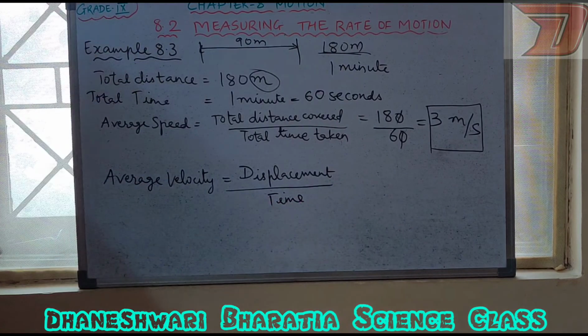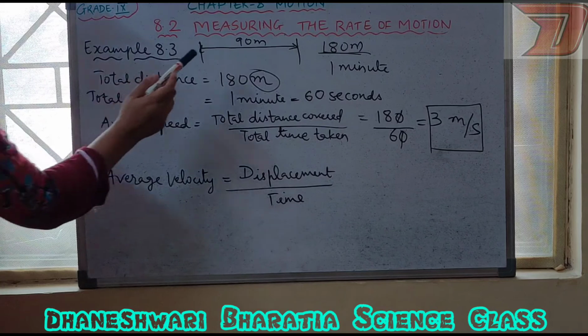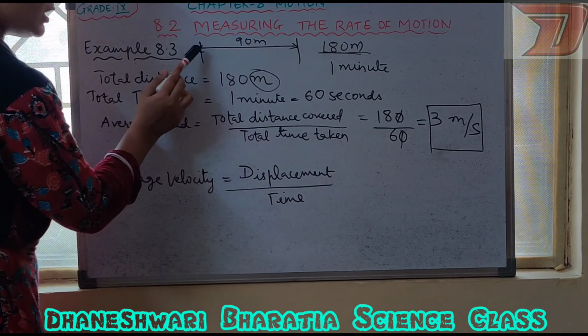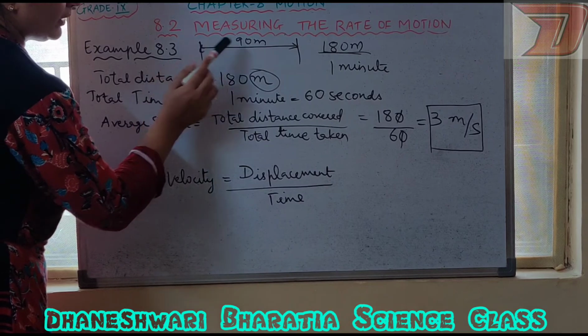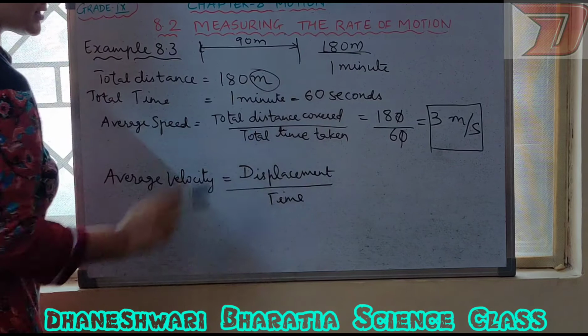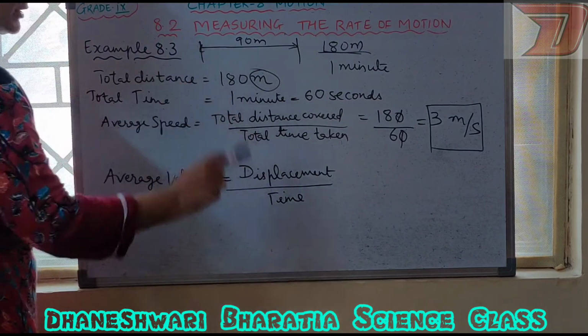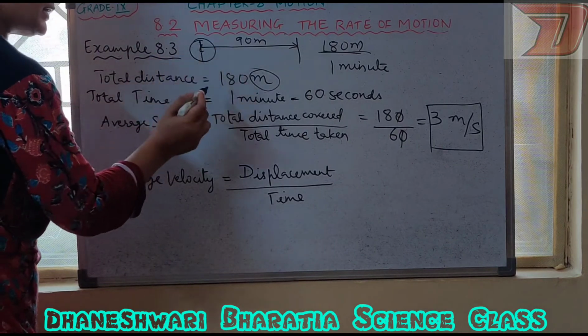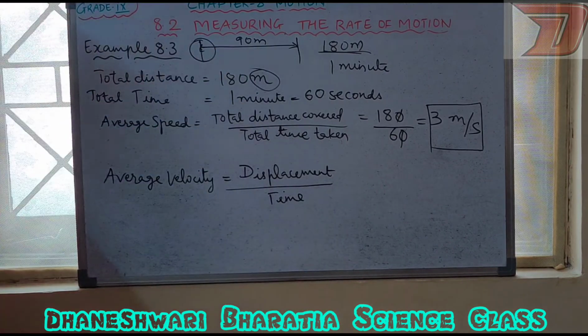Now, if we talk about displacement, Usha started from here. When she started, this is the origin. She is swimming all along till here and she is coming back to complete this much distance. So what is the displacement of Usha? Of course, it is going to be 0 meter because she started from here and she is back to this origin only, isn't it?